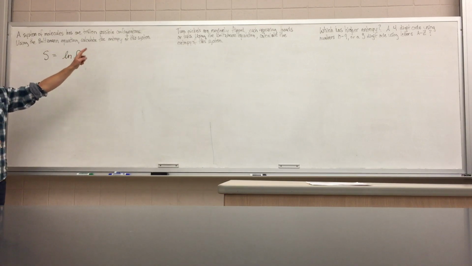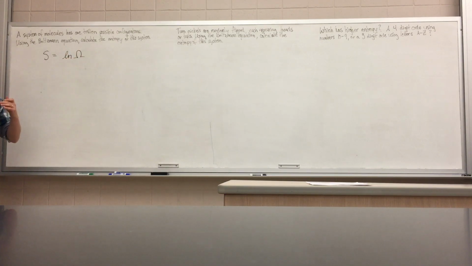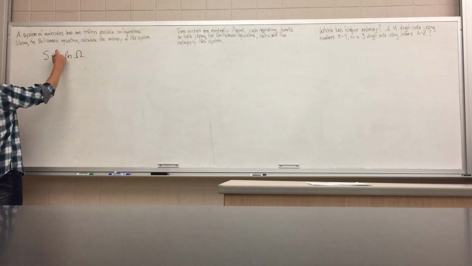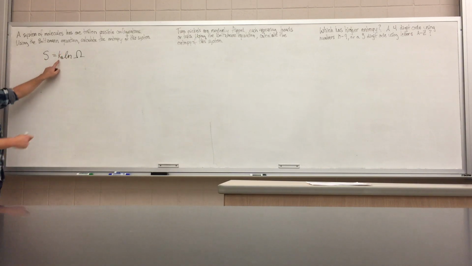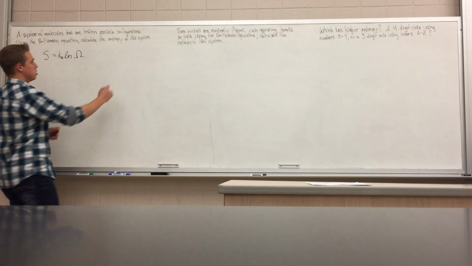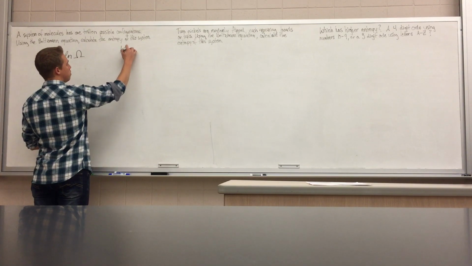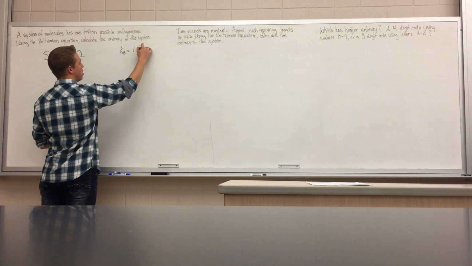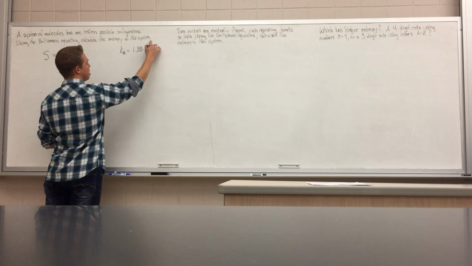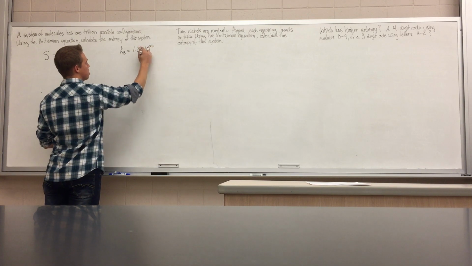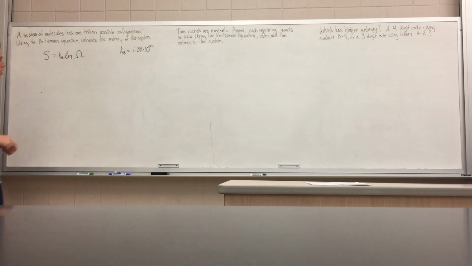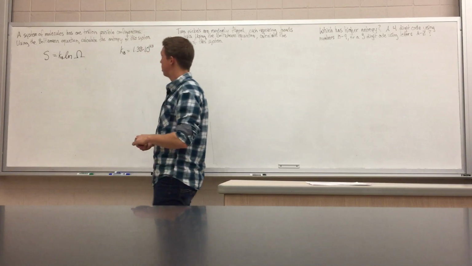Because we're dealing with a physical system, and this equation is being used in the sense of physics, we do have this Boltzmann constant, Kb, right here. And just to remind you, the value of Kb is about 1.38 times 10 to the minus 23. Okay, it's a very small number. So this is the equation to use in this case.